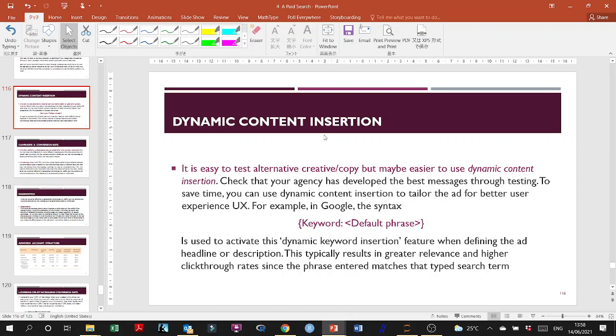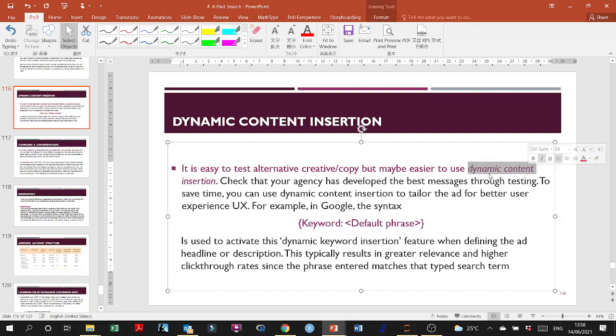Dynamic content insertion, this is very important. It is easy to test alternative creative copy, but it may be easier to use dynamic content insertion. Check that your agency has developed the best messages, and then you do the dynamic insertion to tailor the ad for a better user experience.